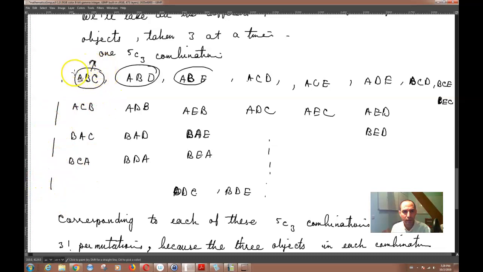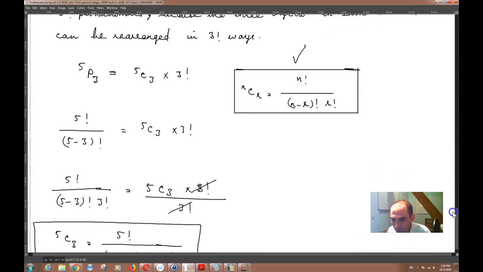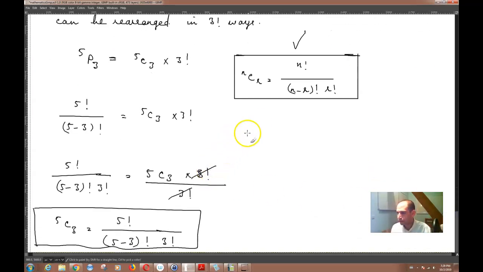So then you can say that n permutation r is the same thing as n combination r times some number, and that number happens to be r factorial.